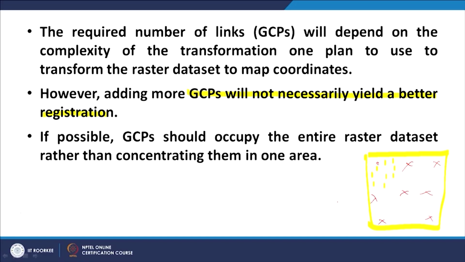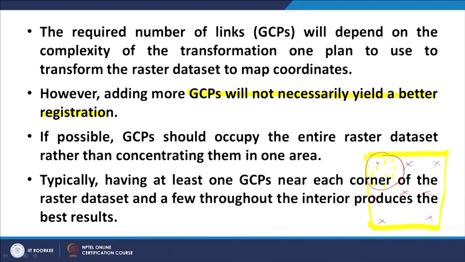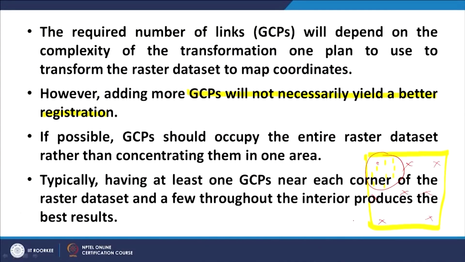So, if possible, GCPs should occupy the entire raster data set rather than concentrating in one area like here, which is not good. And typically, have at least one GCP near each corner. When I was drawing this, I deliberately put points in all 4 corners. So, one should try to put them in the corners and the interior to get the best results.